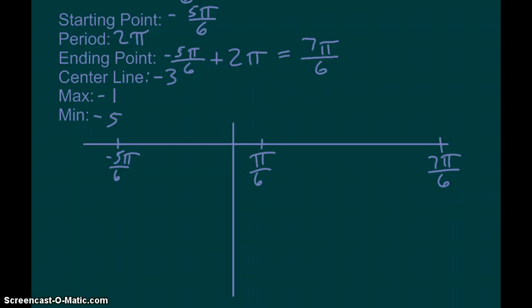Half of that is 2 pi over 6, which is pi over 3, and that was negative. And our final middle point is going to be 1 pi over 6 plus 7 pi over 6, which is 8 pi over 6. I divide that by 2 and get 4 pi over 6, which is 2 pi over 3.